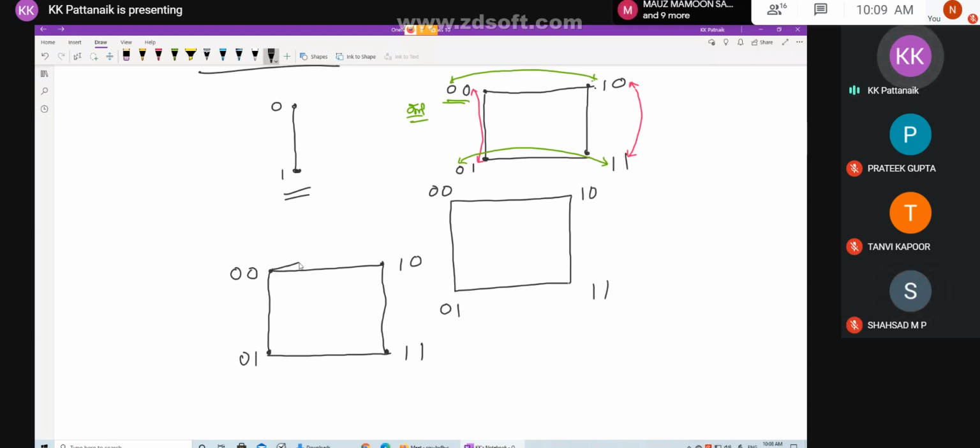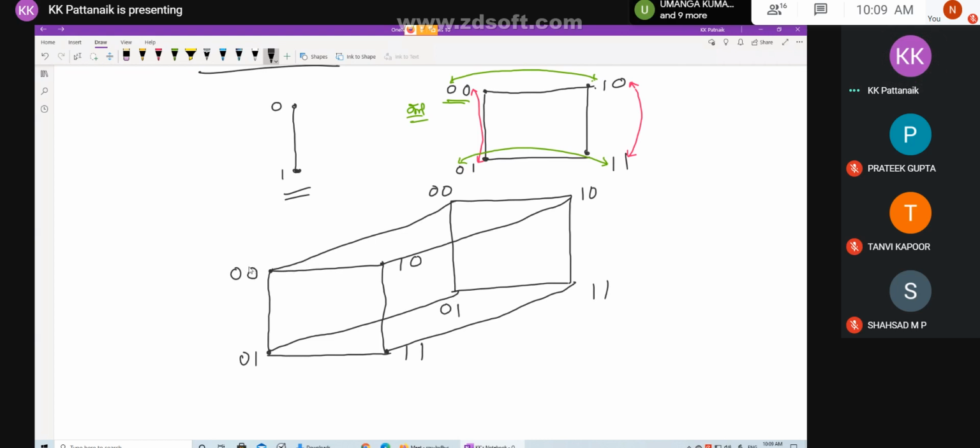Now in this dimension we will connect. In this dimension we will connect. Now the labels will change in this dimension, the third dimension.